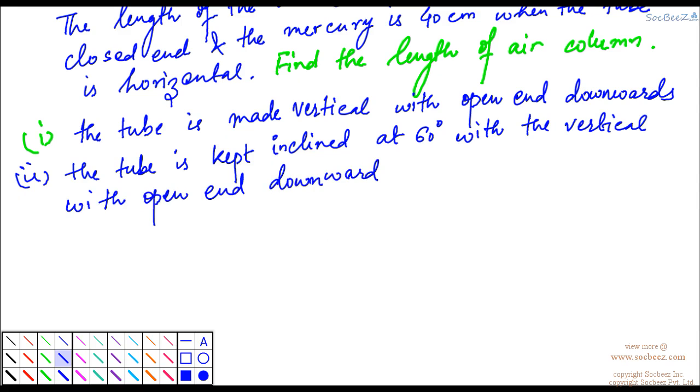The additional information given to us is that the atmospheric pressure is equal to 75 centimeters of Hg.